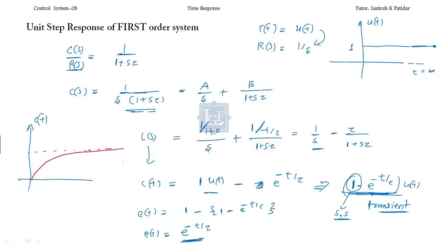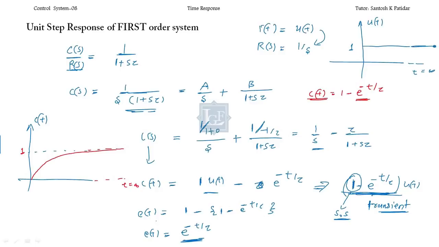At t equal to infinity it will attain the value of 1, because in this formula c(t) is 1 minus e to the power minus t by tau. At t equal to infinity this term will be 0, so the output you will get is 1. So at t equal to infinity it will touch this value. Correct? So this is your output for the unit step.